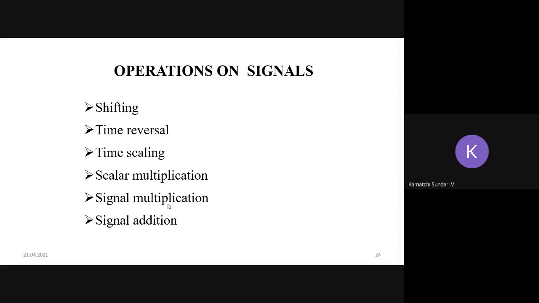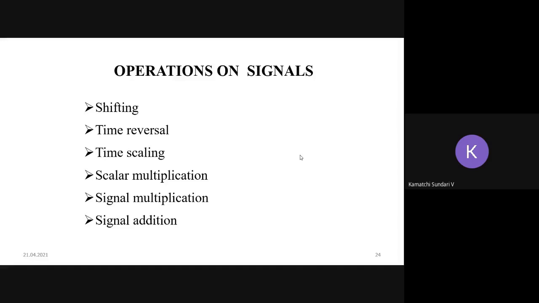In these two concepts, we should be very careful while doing our operations. The signals should be multiplied or added at the corresponding positions. That is very, very important. Even if you are doing subtraction, it should be done at the corresponding positions only.